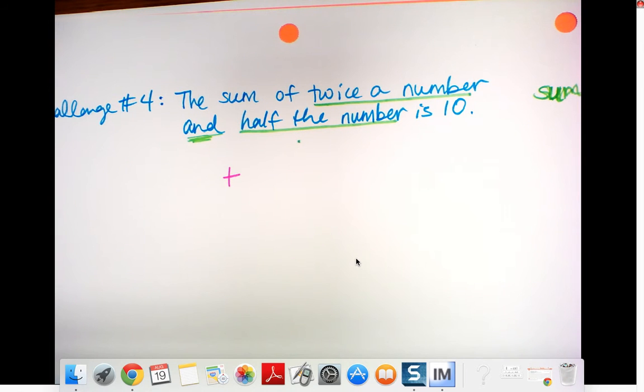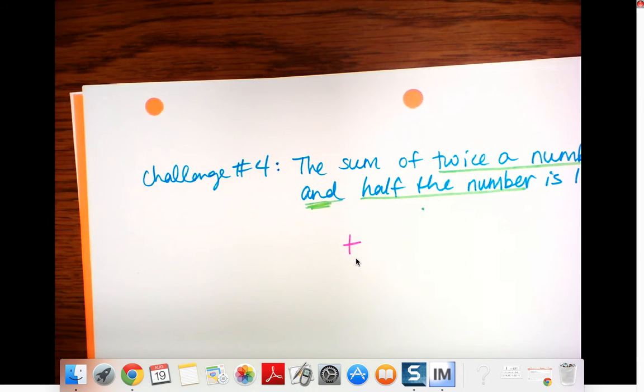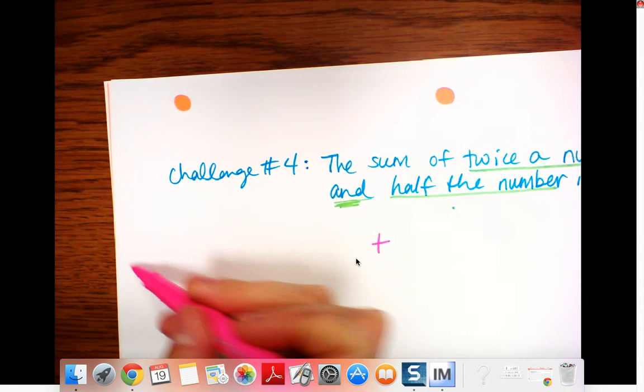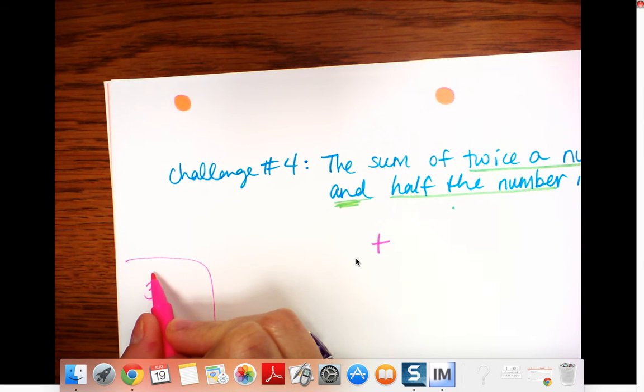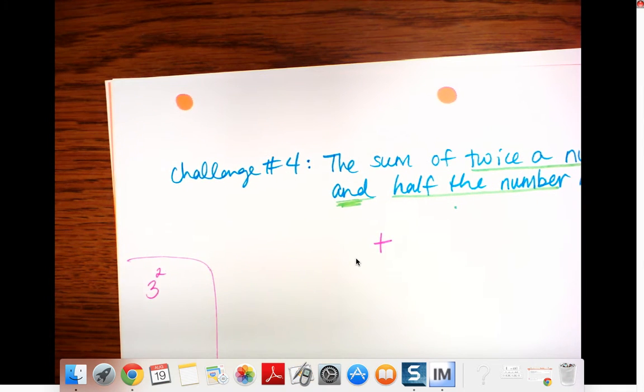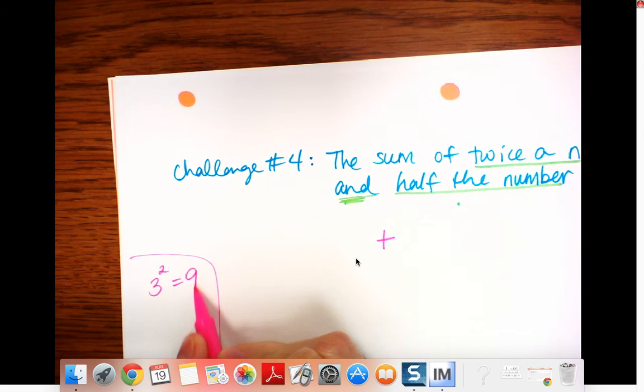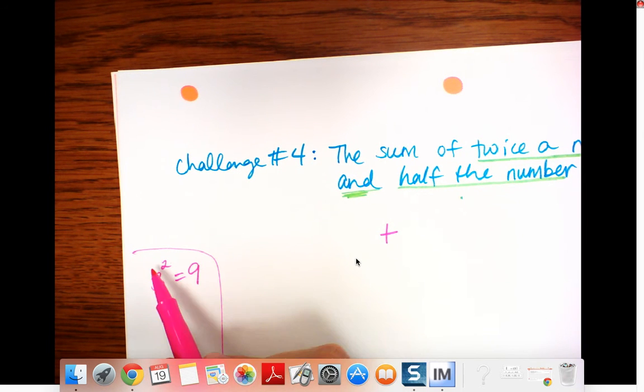Twice a number. So a lot of times people get this confused with squaring a number, such as 3 squared. 3 squared is 9. And when you square something, that means that you're multiplying it by itself.